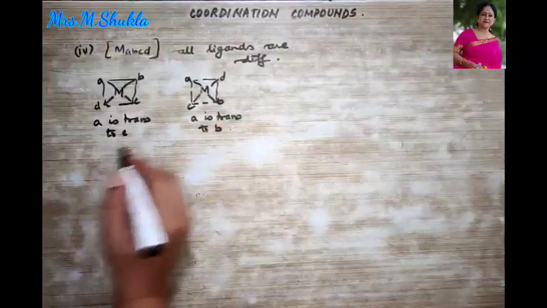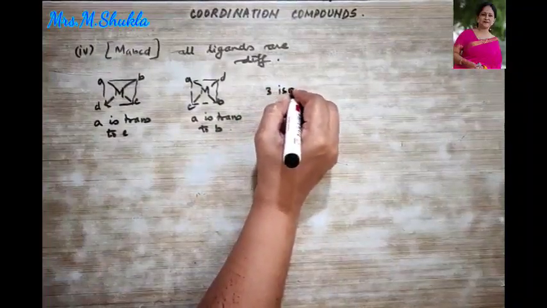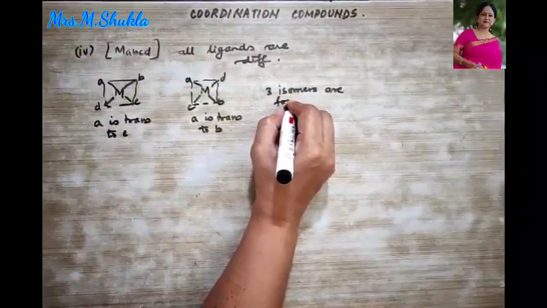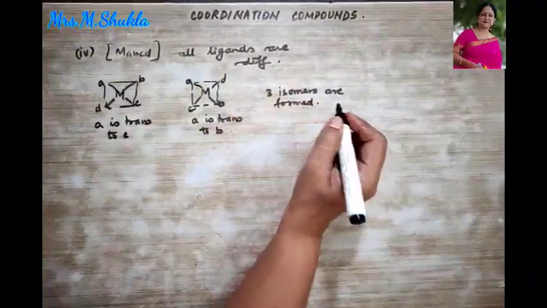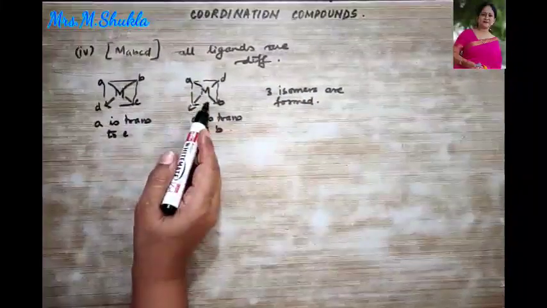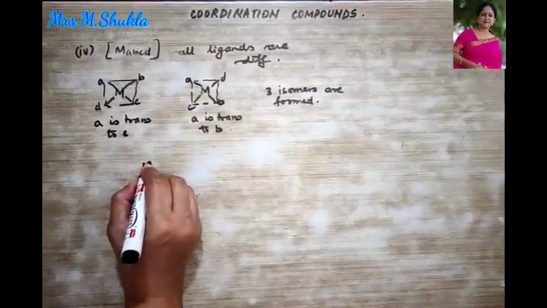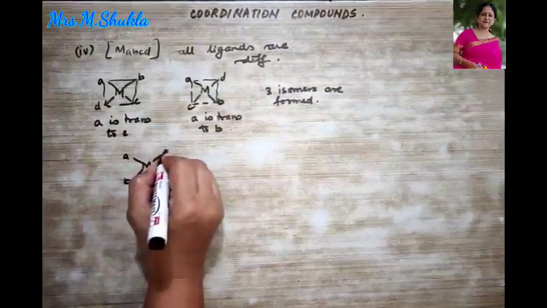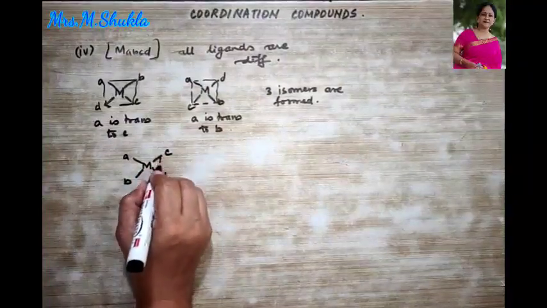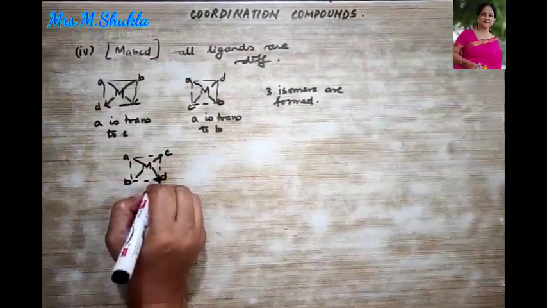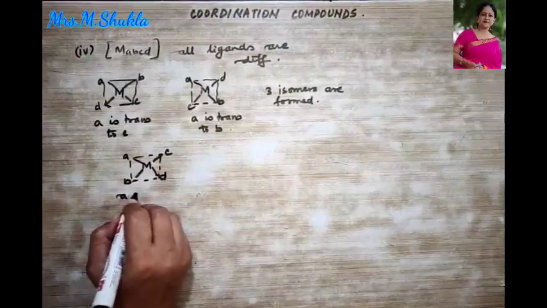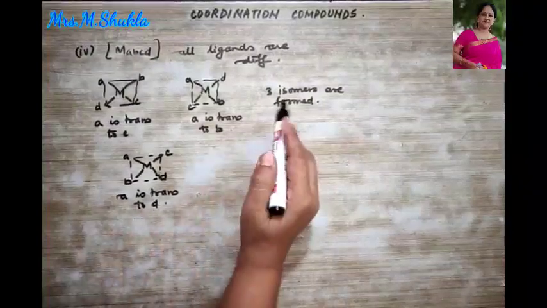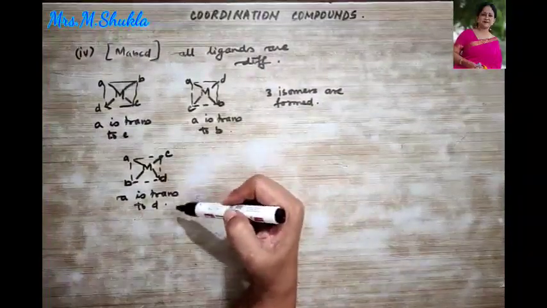As I told you, three isomers will be formed when all the ligands are different. So one I have drawn, two I have drawn. The third one could be M with A, B, C, D. So over here, A is trans to D. So all three isomers are of trans form.